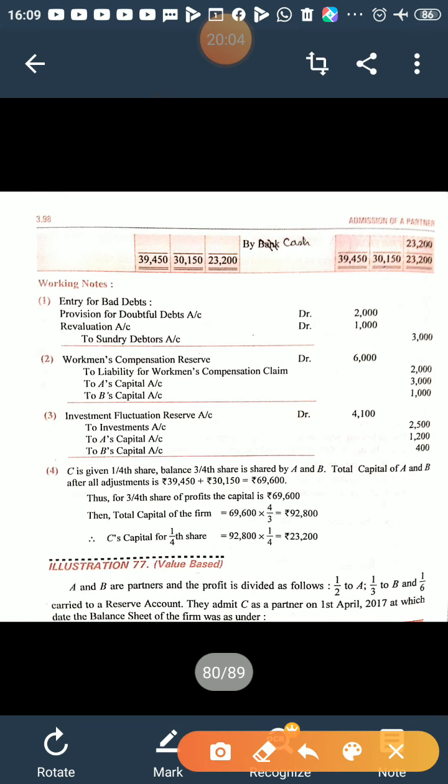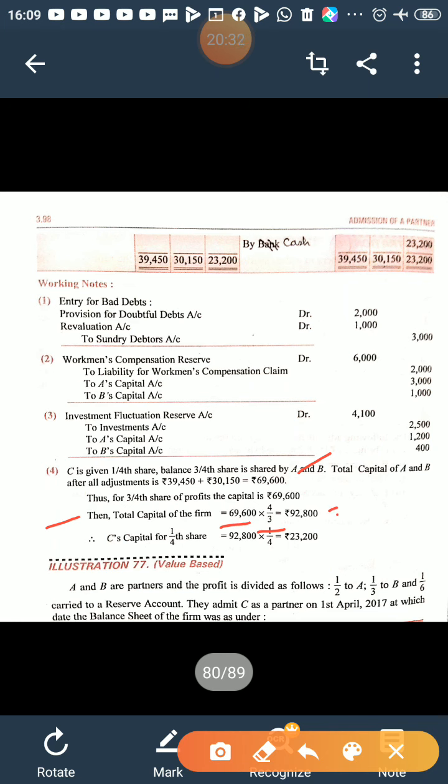So the combined capital of the old partners is 69,600, and this is because C is coming for 1/4 share. So the combined new share of the old partners is 3/4. So total capital of the firm is combined capital multiplied by the reciprocal of the combined old share.